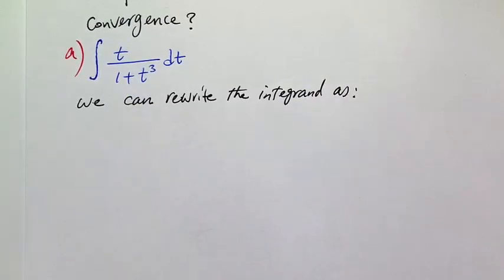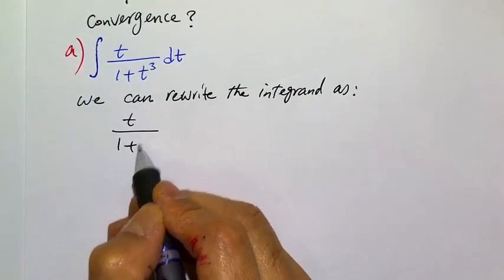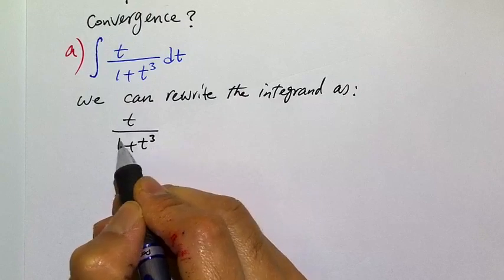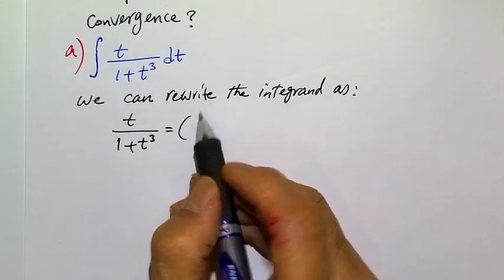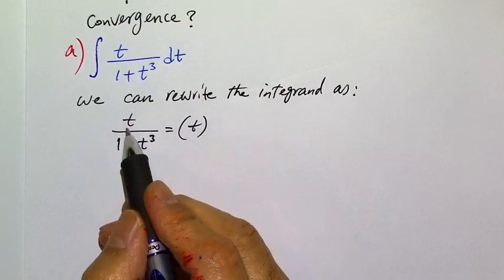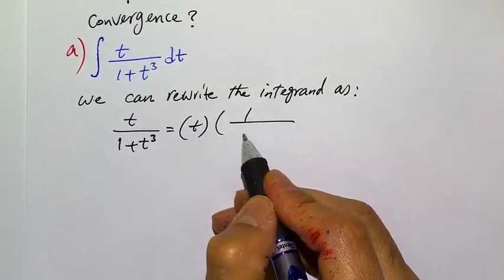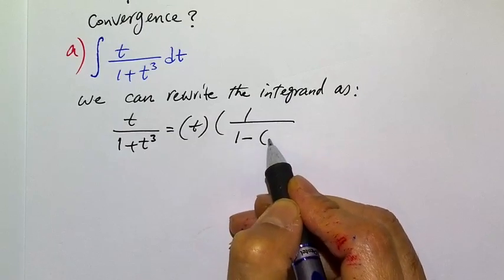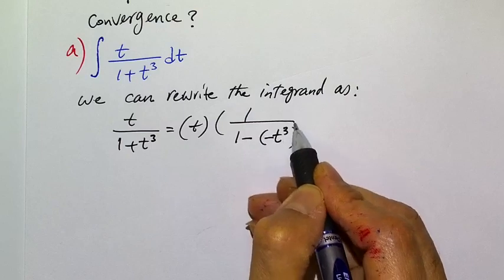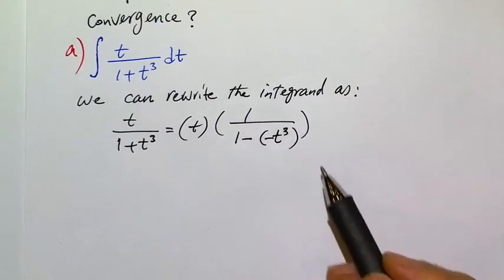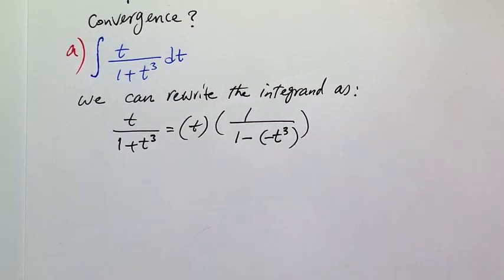We start with t over 1 plus t cubed. And this is, so let's factor out the t times 1 over 1 minus minus t cubed.